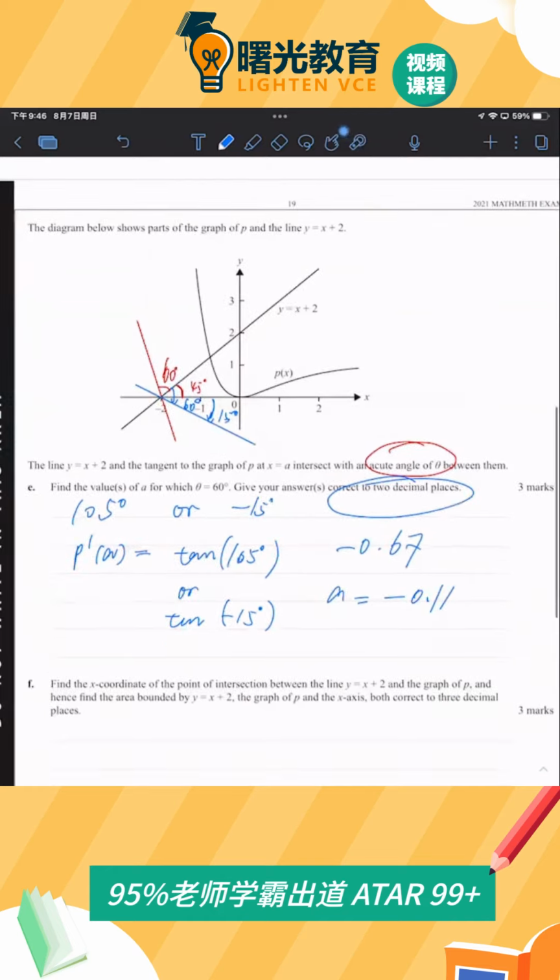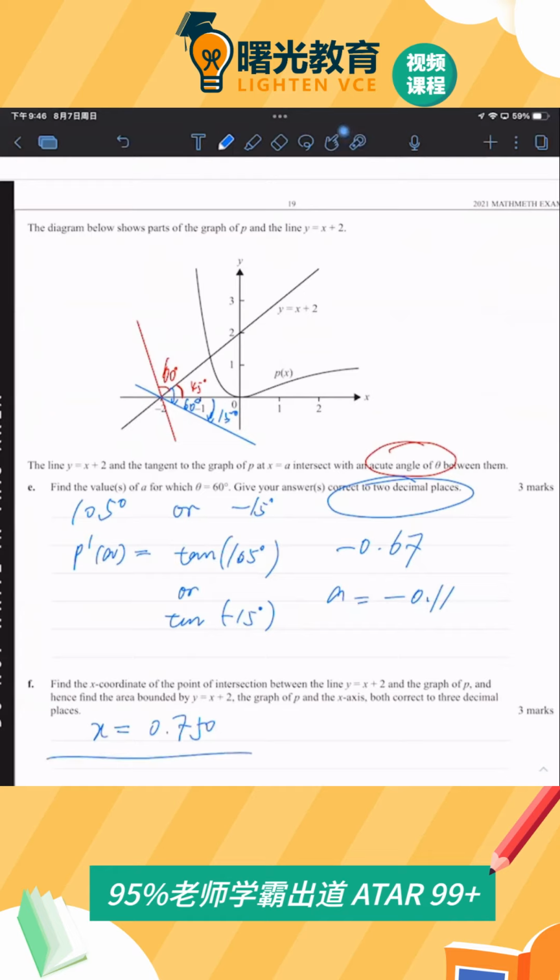And round your answer to 3 decimal places. Now, the correct answer is negative 0.750. If you answer negative 0.75, that is correct to 2 decimal places, not 3. Okay? 0 takes place of one of the decimal.